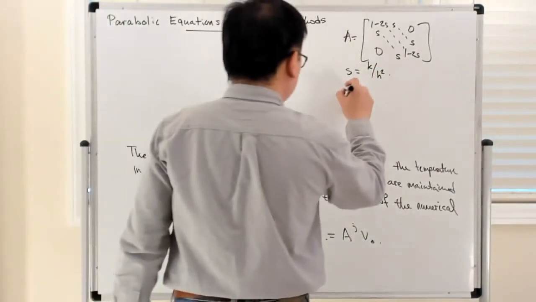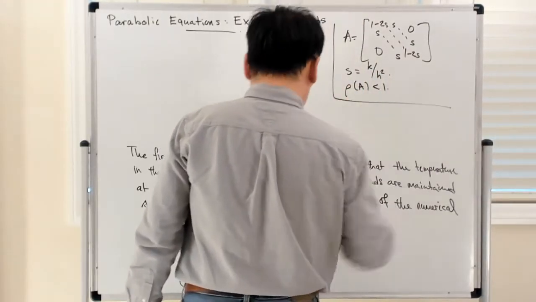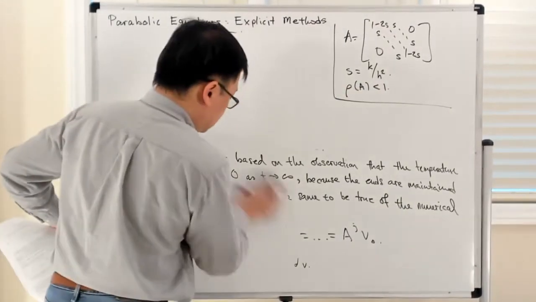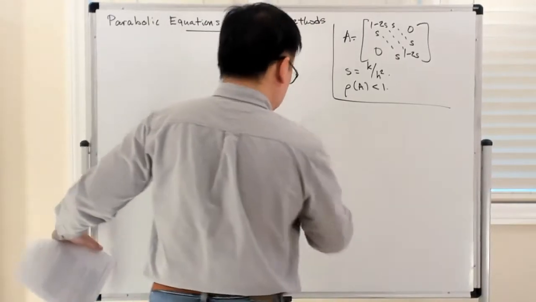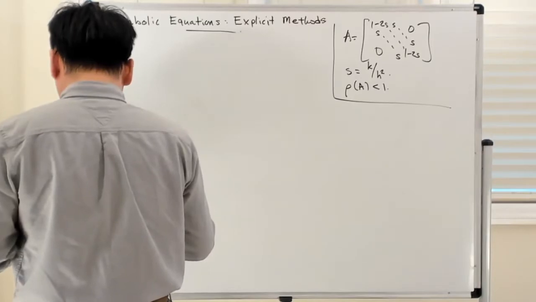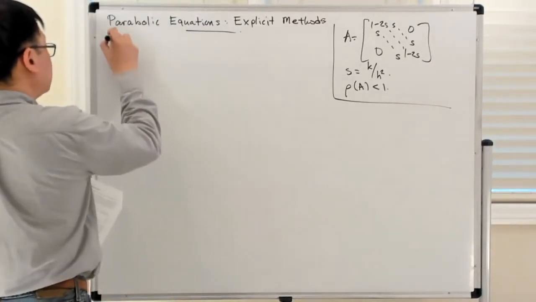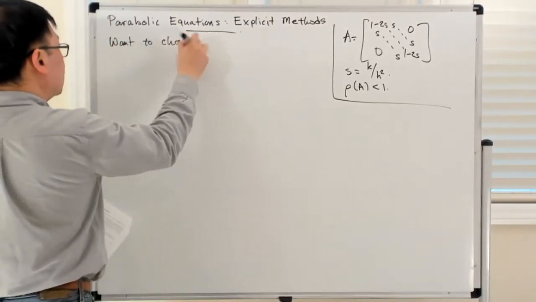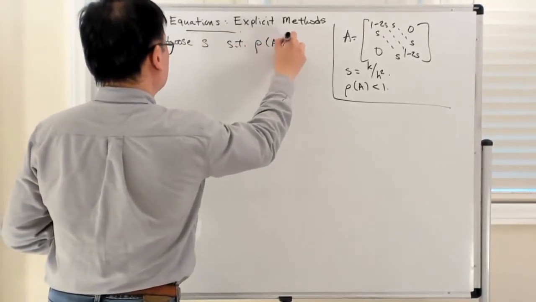Okay, I want rho of A, the spectral radius, to be less than 1. All right. So I want to choose s such that rho of A is less than 1.